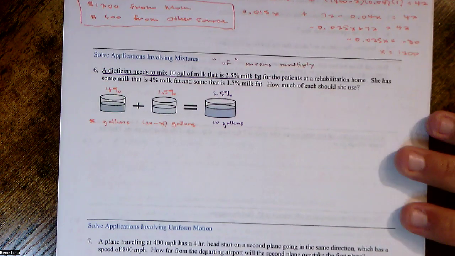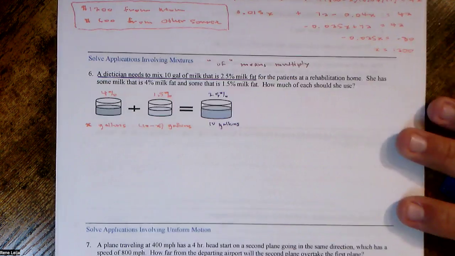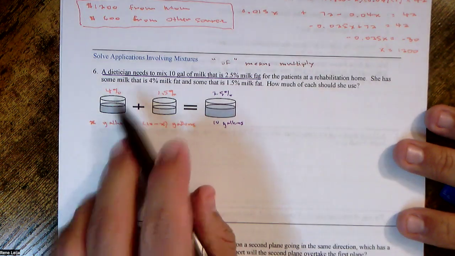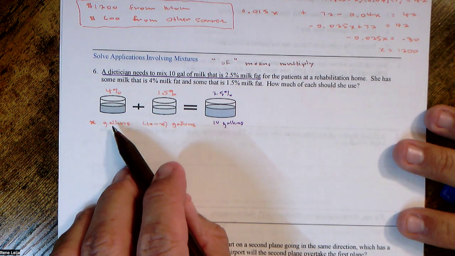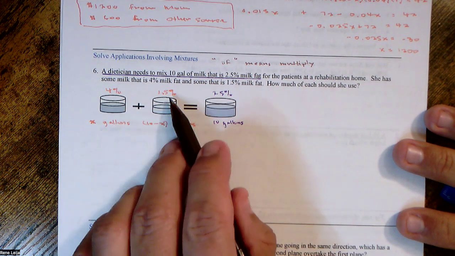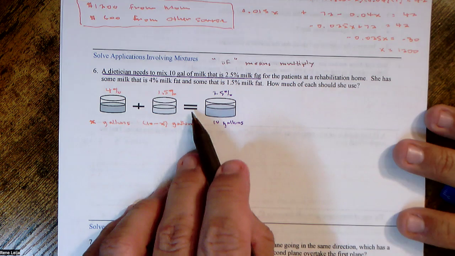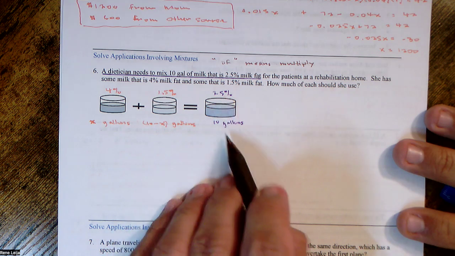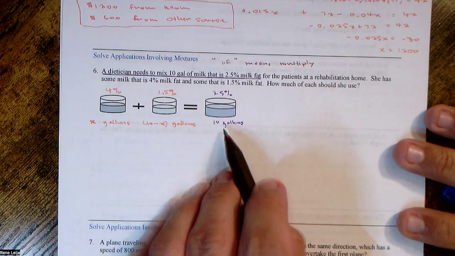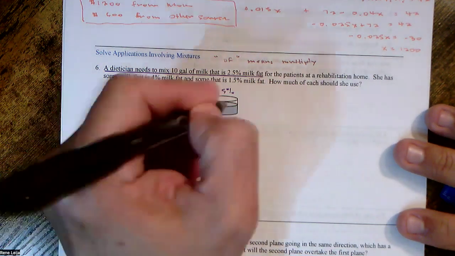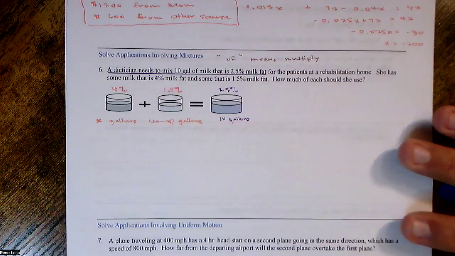So that means we're going to be doing some multiplication here. So I need 4% of so many gallons plus 1.5% of 10 minus X gallons to equal 2.5% of the 10 gallons. So in other words, we're going to multiply these together.